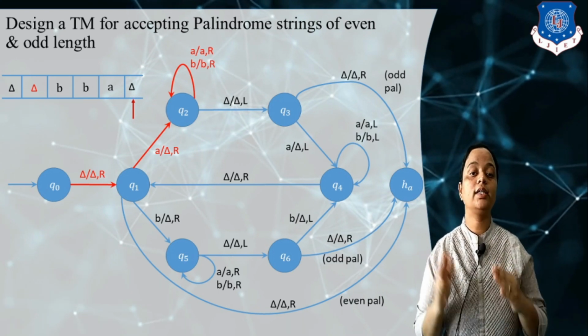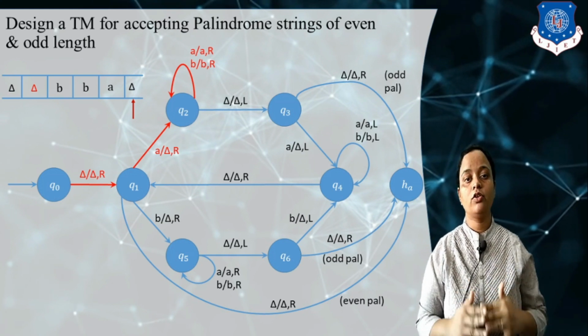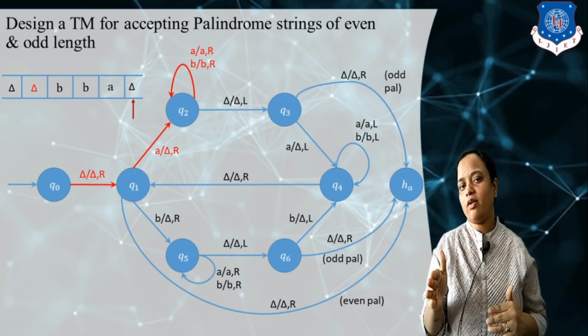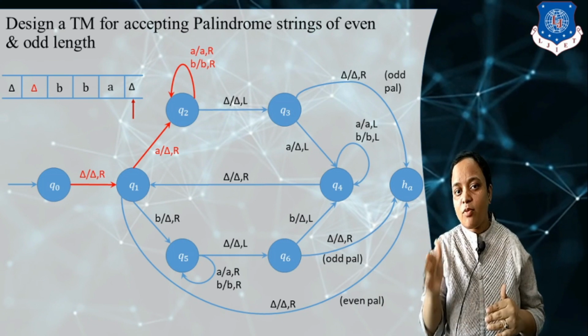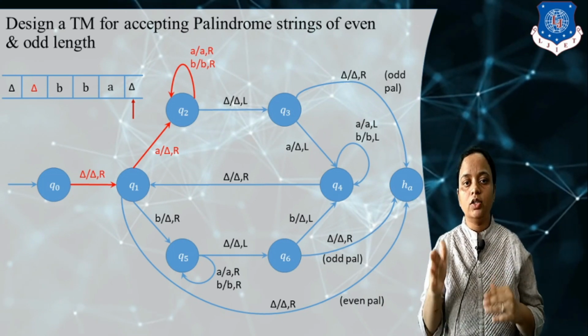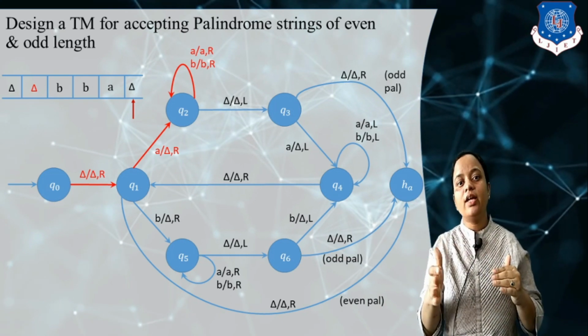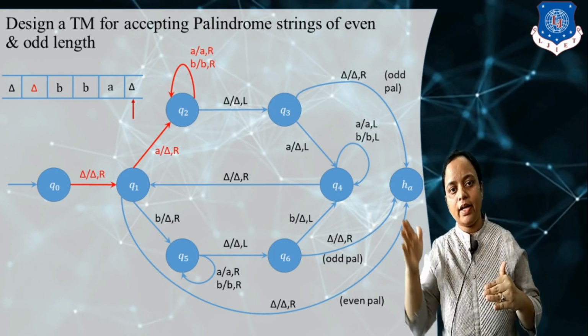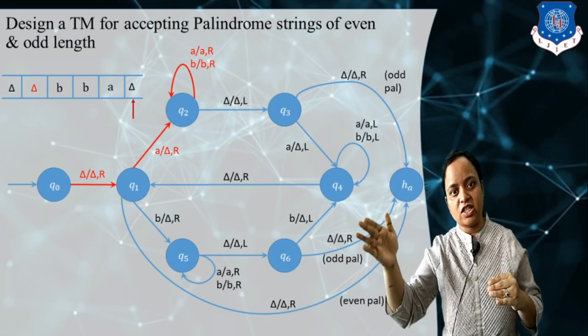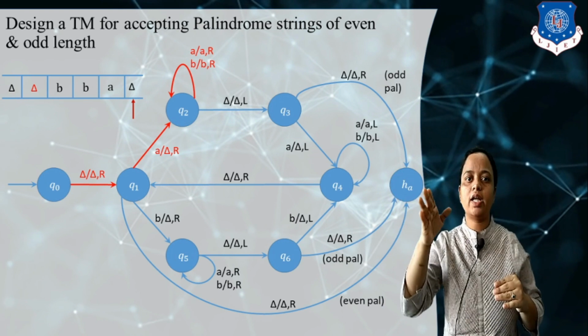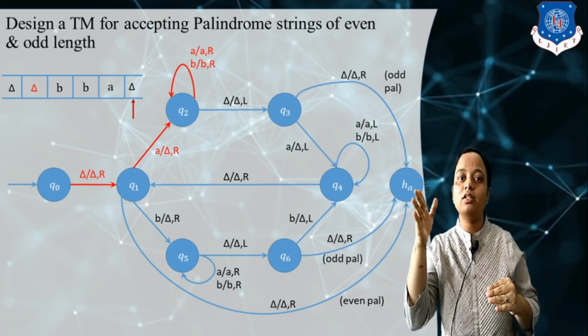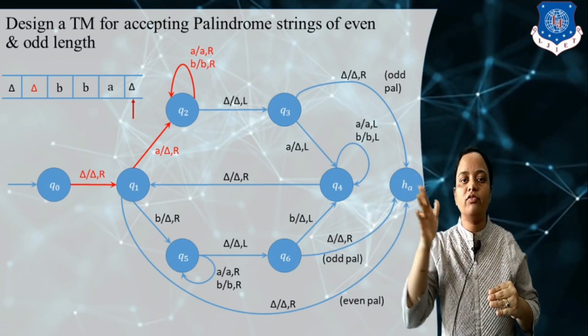Now we are reaching the right end of the string. Before the right end of the string is the rightmost symbol of the input string, so that's why I shifted my tape head to the right end. So I know that before this delta is the rightmost symbol of the input string.